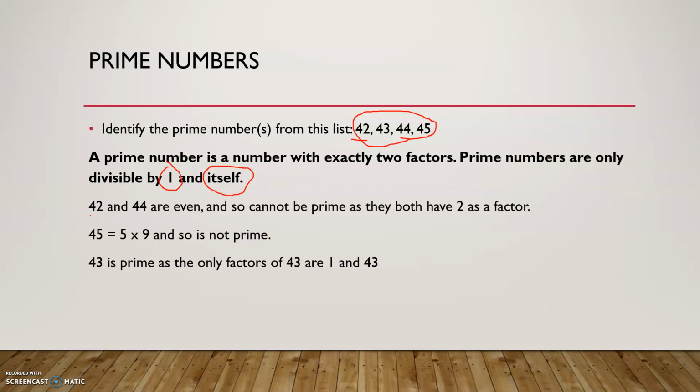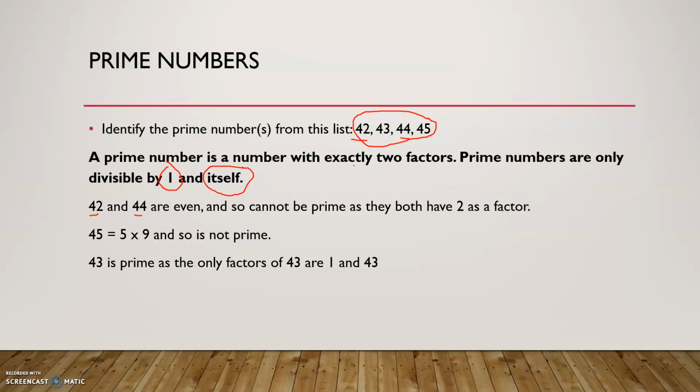We can divide 42 by 2, and we can divide 44 by 2. According to our definition, a prime number is divisible by only 1 and itself, whereas these two numbers can be divided by 2, hence they are not prime numbers.